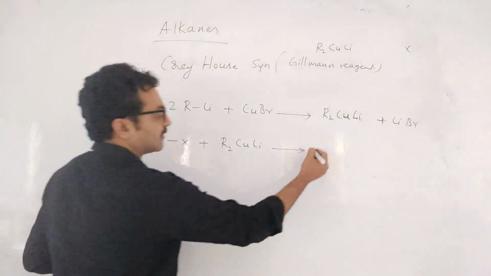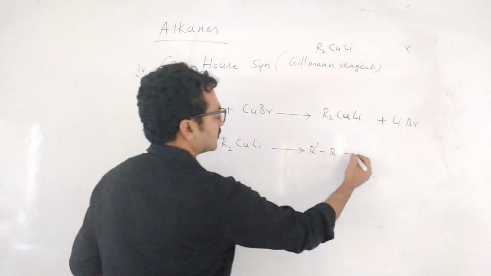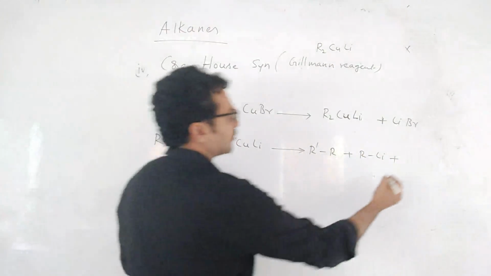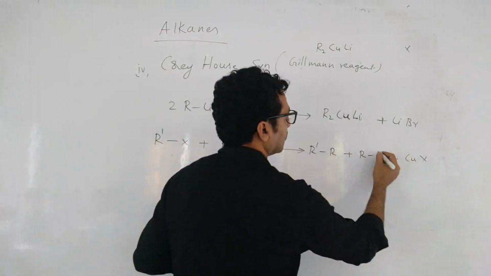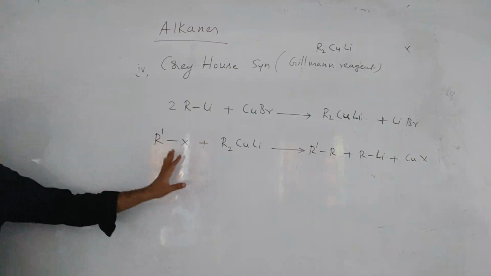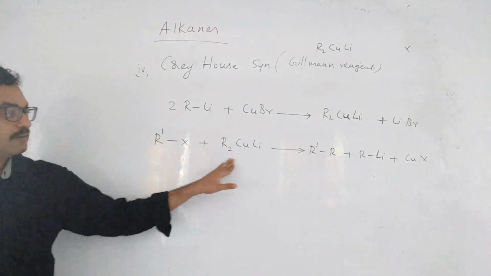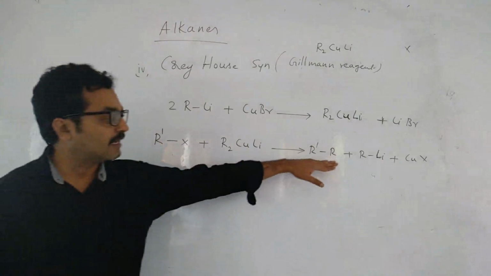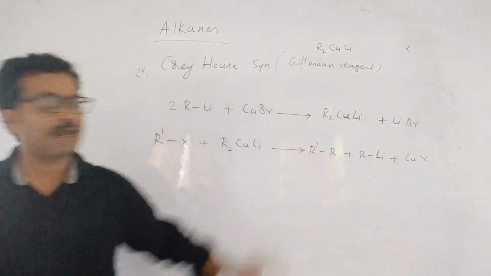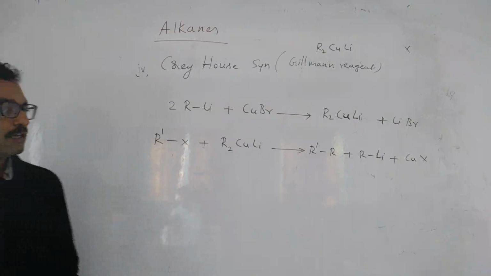That will form R dash R plus RLi plus cuprous halide. Once again, alkyl halide plus Gilman reagent will give alkane plus alkyl lithium plus copper halide. So this is called the Gilman reaction.